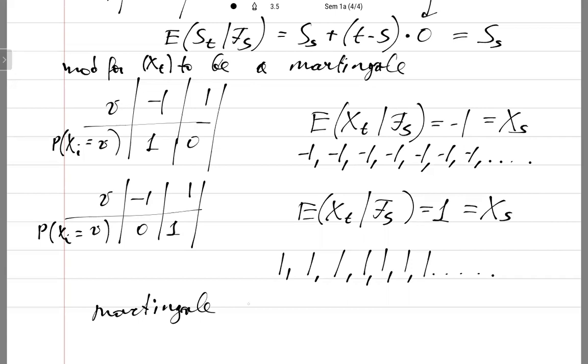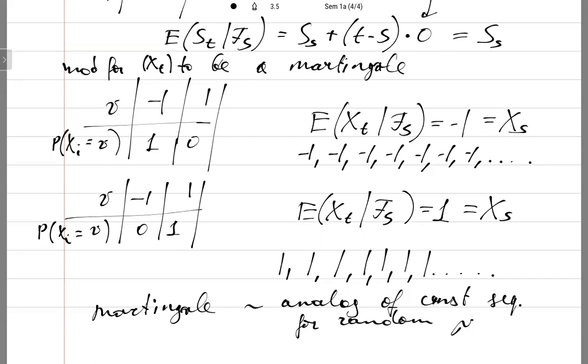So a martingale is something like an analog of a constant sequence for random processes. A little bit more intuition: it's not a formal definition. The formal definition requires two checks, that the process is adapted and that the best guess is the current value, but roughly.